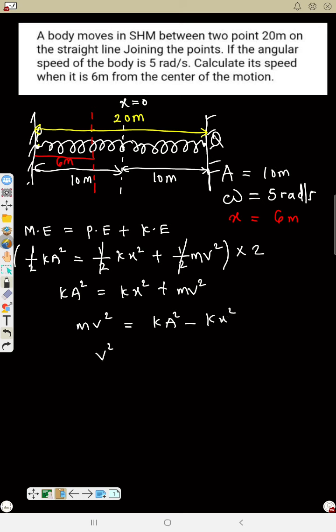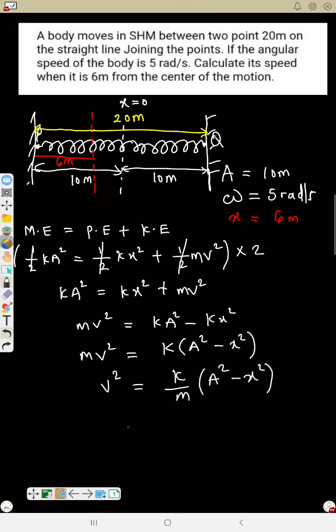Now v squared will be equal to, K is common here, so that will be a squared minus s squared. Take K out, and divide both sides by m. That will be K over m bracket a squared minus s squared.